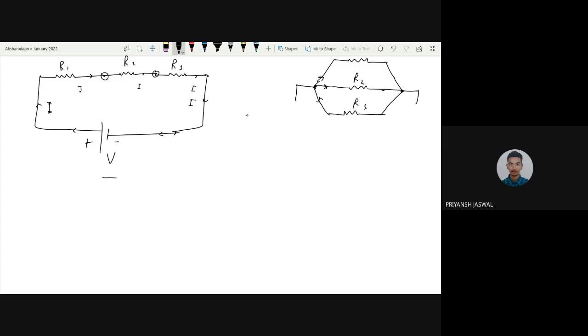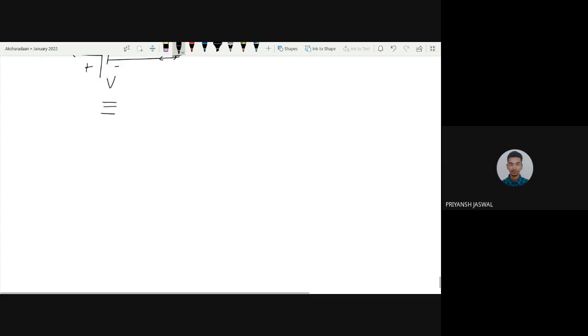Now consider this circuit to be a single resistor circuit denoted by RS. S simply means series. Nothing much to remember.